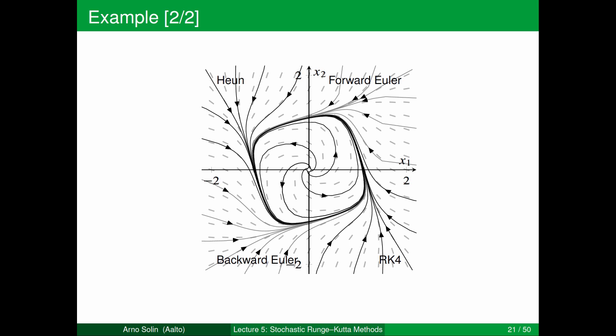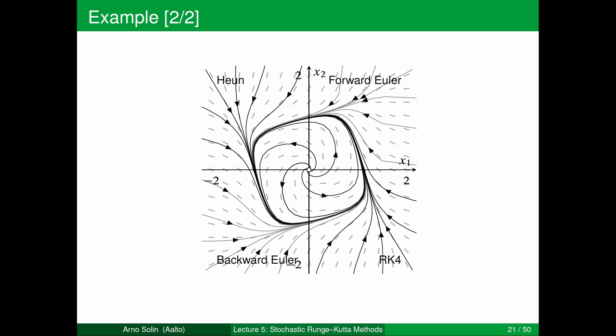So now in every quadrant, I've simulated solutions. There are actually 6 solution trajectories in every quadrant, and the solution trajectories starting each quadrant are simulated by a different method. Basically the methods presented on the previous slides.